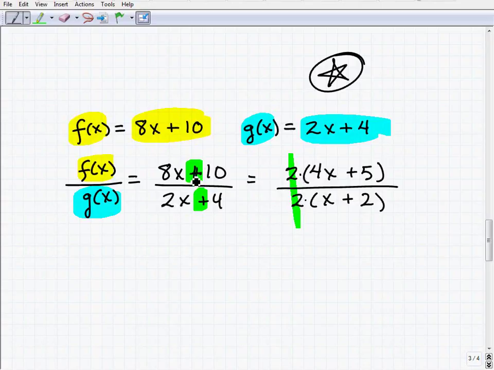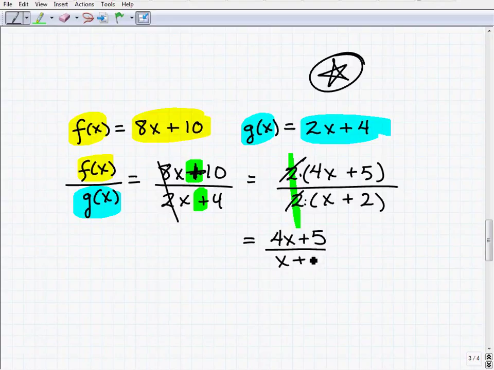Sorry, I got a little tongue-tied there, but I wanted to make sure you understand that you cannot cross-cancel through addition. You can cross-cancel through multiplication. Those are factors. So we can cross-cancel there, and we end up with 4x plus 5 over x plus 2. That is correct.